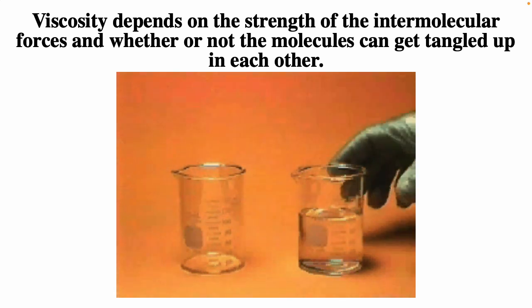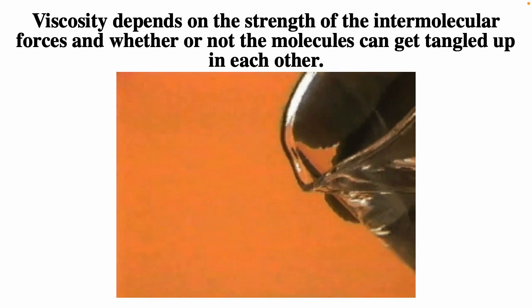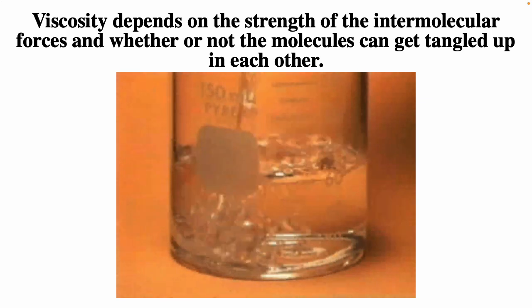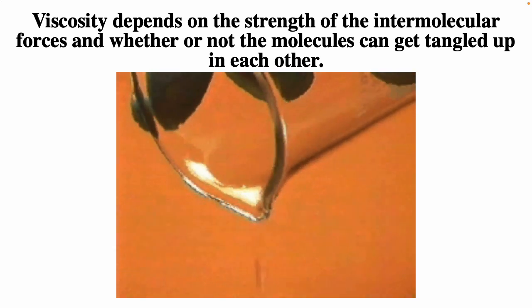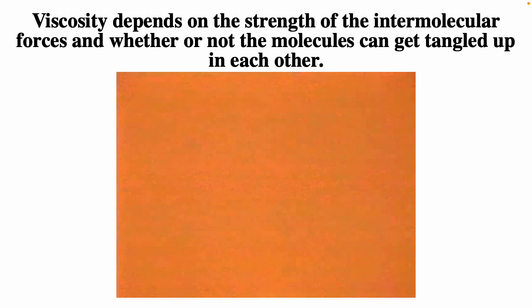Ethanol, by contrast, has weaker intermolecular forces. It flows easily and has low viscosity. But again, I think the movie has a little bit wrong. It's not just the strength of intermolecular forces, but if you have much larger molecules, they can kind of get tangled up in each other, reducing the ease of flow, increasing the viscosity.